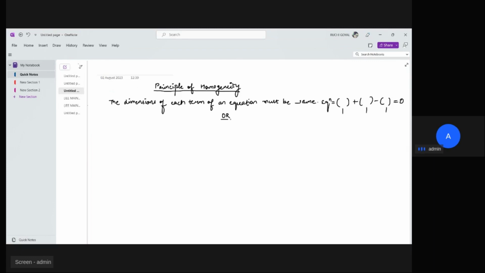Or we can say, we can add and subtract similar physical quantities.